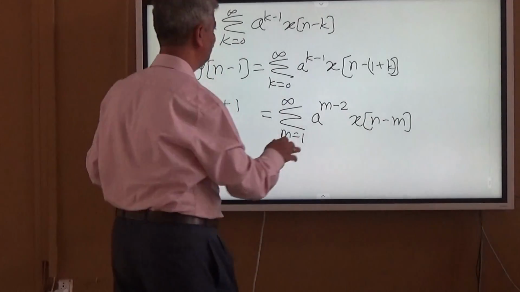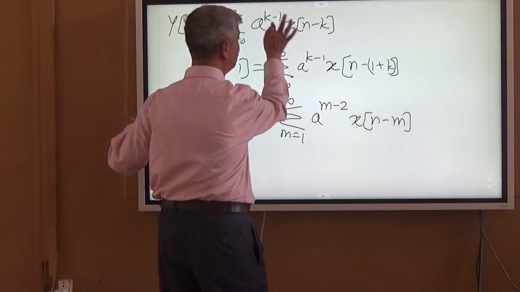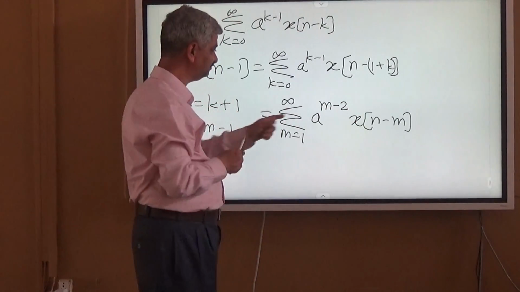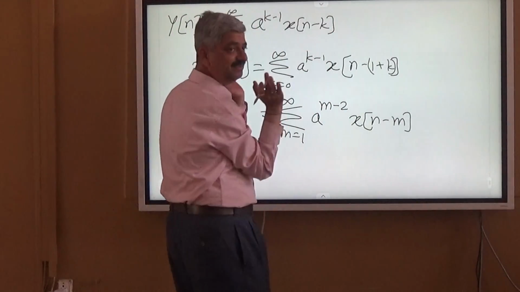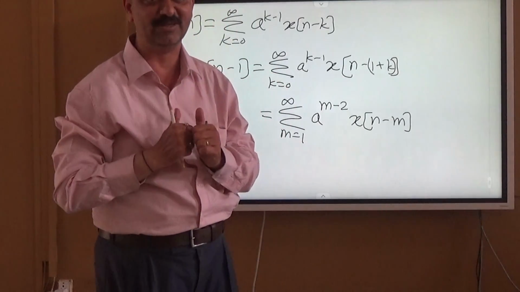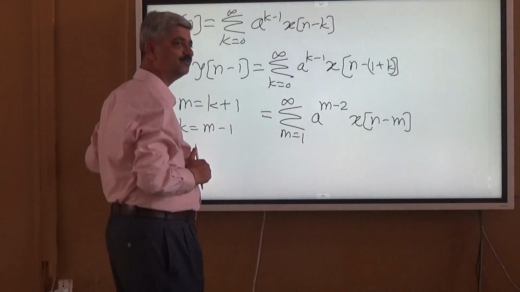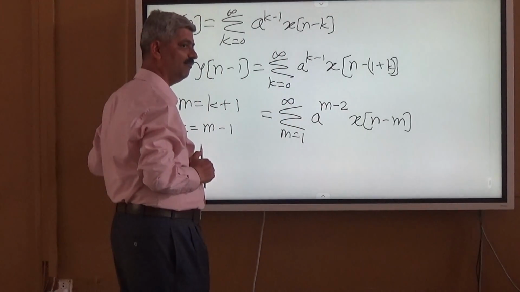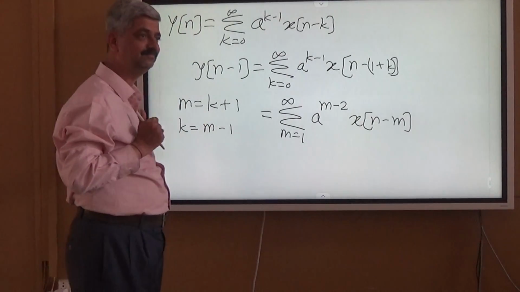So here we corrected this, we wanted it to look like this, so this got disturbed. But what is the problem that has occurred now? This m minus 2 has occurred. That I don't want. So what can I do?